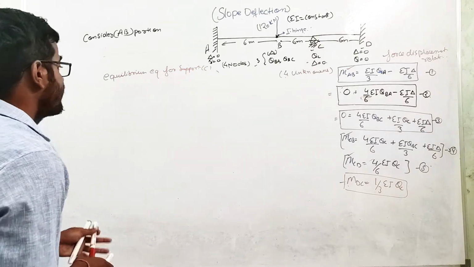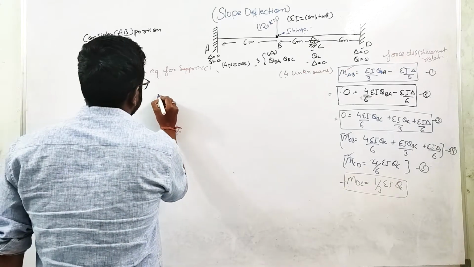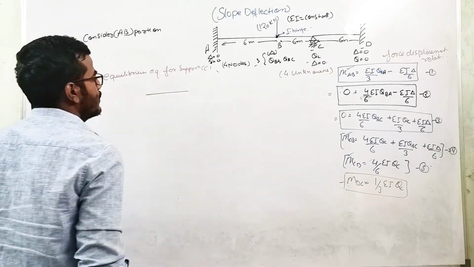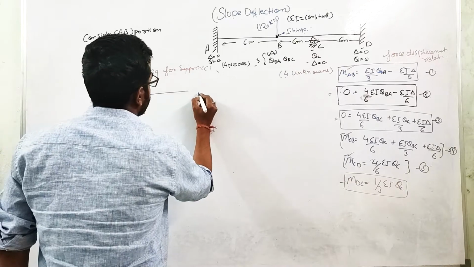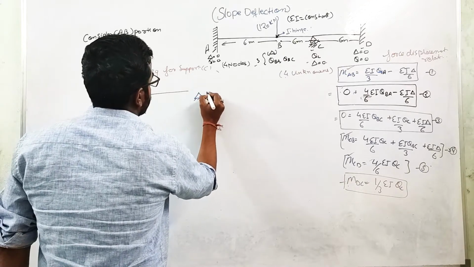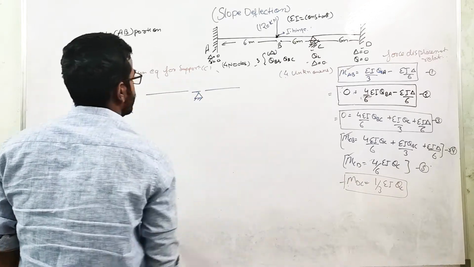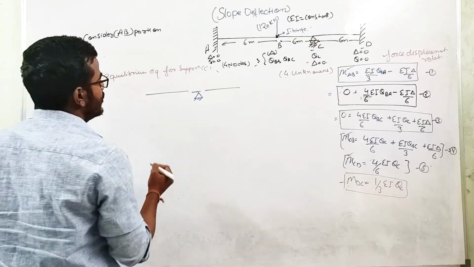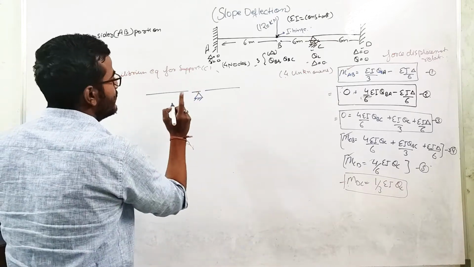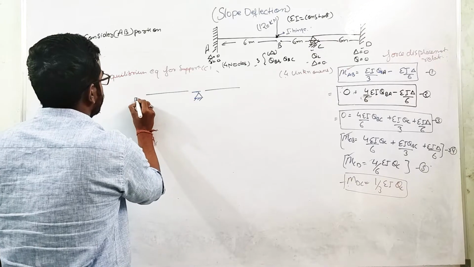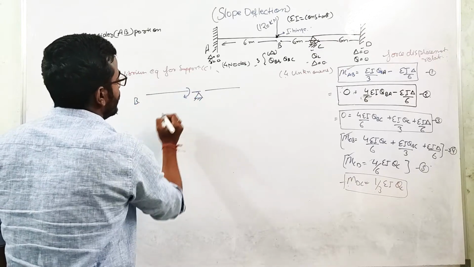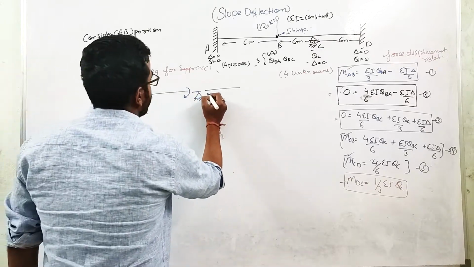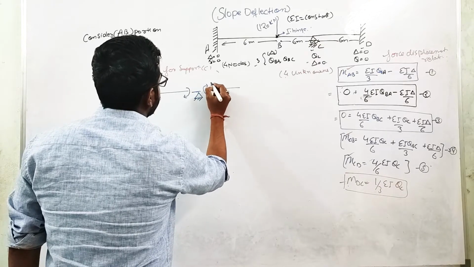At the C support, I have written the slope deflection equation considering the M_CB moment. Let us suppose this is the B point, M_CB moment clockwise. Here also I am considering the moment M_CD as clockwise.